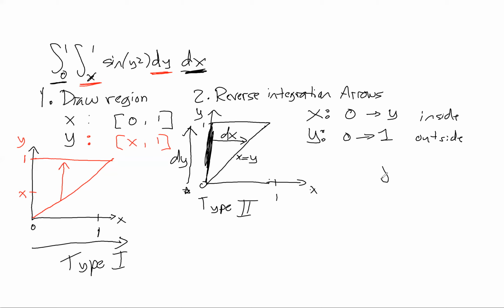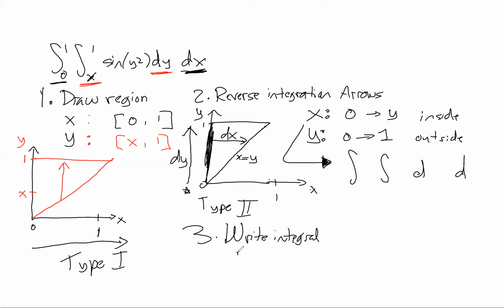So now we can fill in this information to our integral. Now write the integral, inside to outside. First, let's do the inside. The inside is our x. So the x goes from 0 to y. Now let's do the outside.